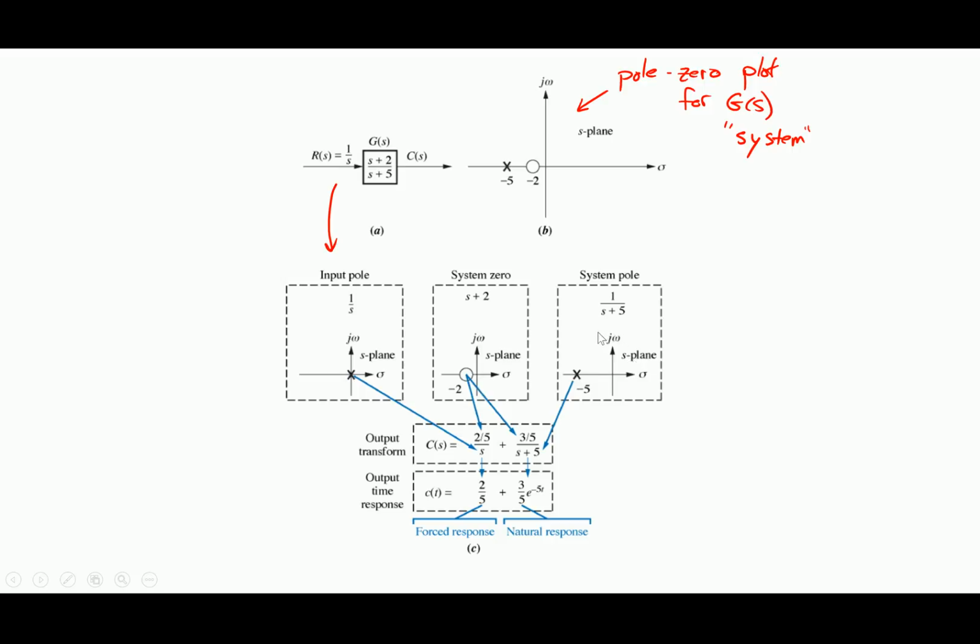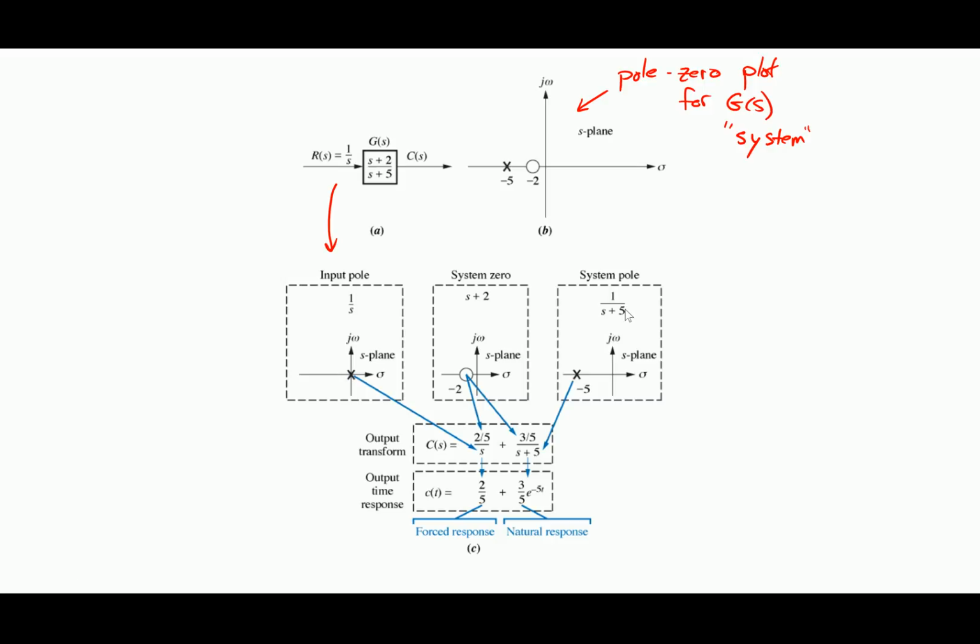What I see ultimately is that, once I look at the transform of the output, like we did previously, the transform of the output always has within it a term related to any poles in the input and a term related to any poles in the system.